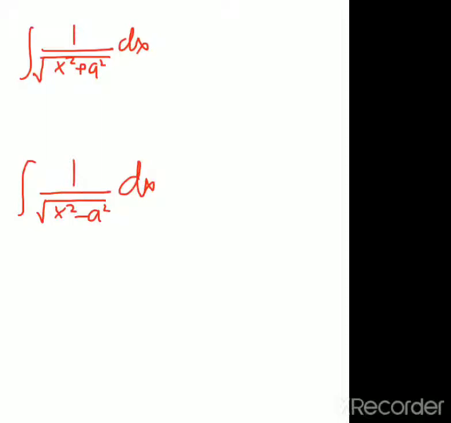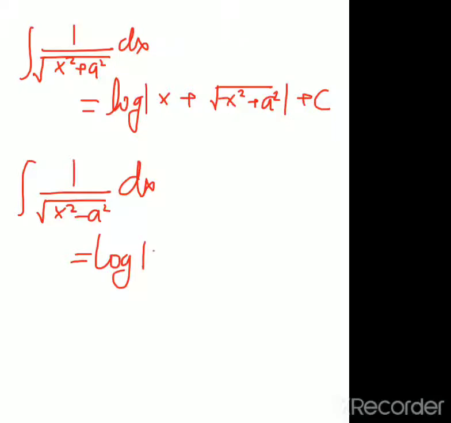So the first identity is log mod x plus under root x square plus a square plus c, and this is log mod x plus under root x square minus a square plus c.